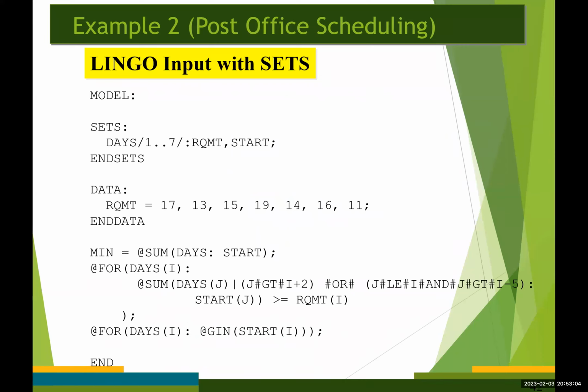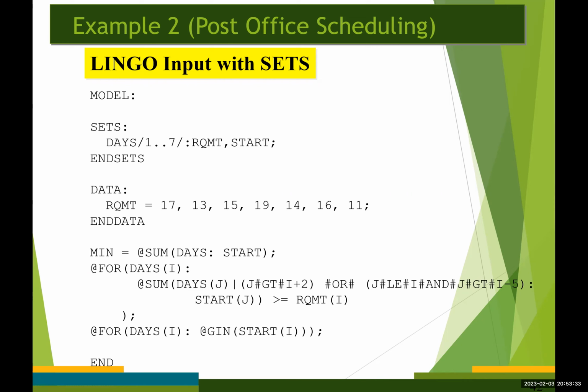So with this example, we've seen that LINGO enables us to create 7 different constraints, right? Monday through Sunday constraint by typing just one line, this one statement, right? This is because LINGO can allow us to group the similar objects together into sets.